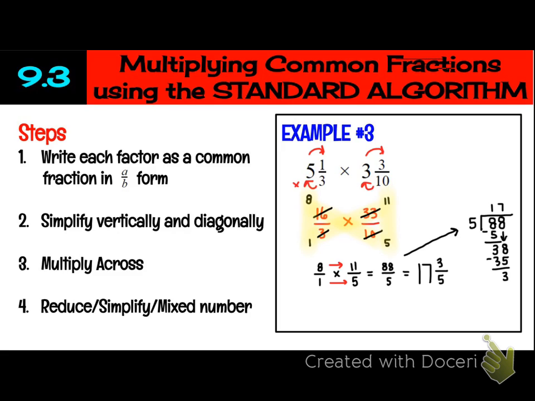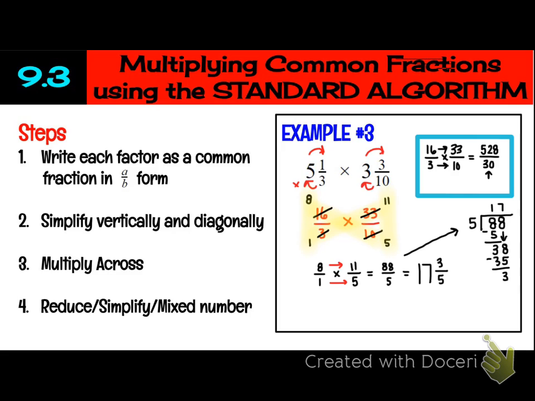If you did that when you had 16/3 times 33/10, when you multiplied across, well, 3 times 10 is 30, but you would have had to multiply 16 times 33 using the standard algorithm. That would have given you 528 30ths.